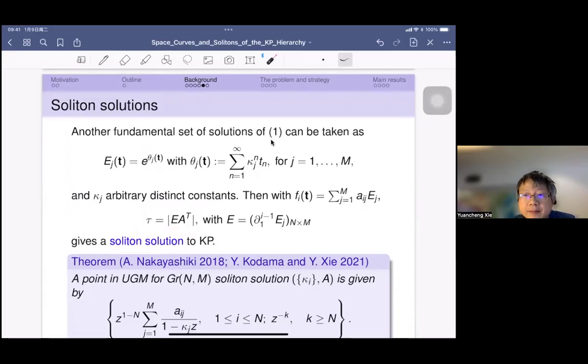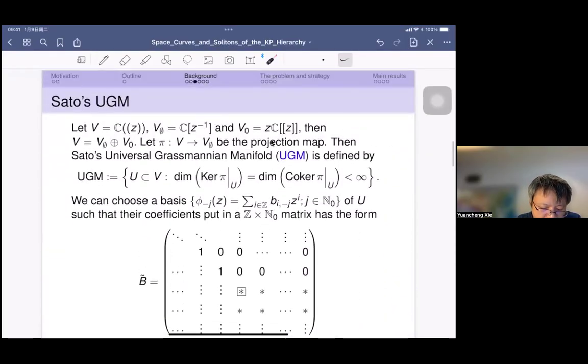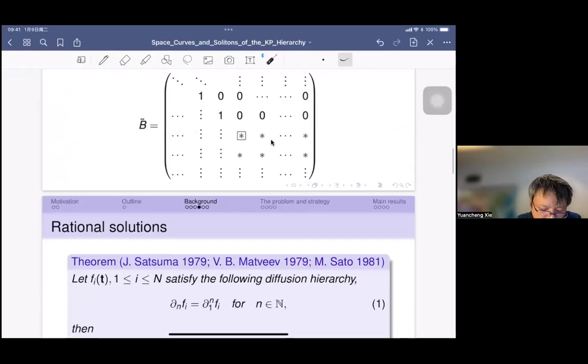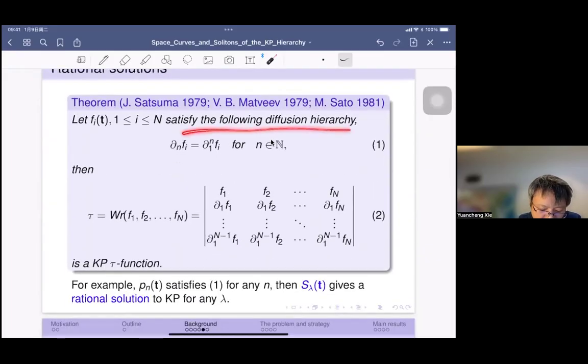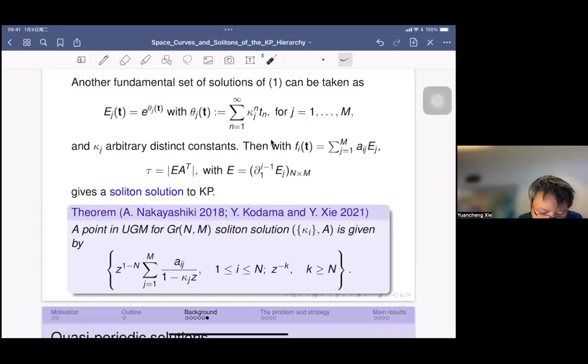And here is the connection between these two constructions. We talked about the universal Grassmannian manifold, and we talked about another way to construct the soliton solutions for the KP hierarchy. And here is how we connect these two together.